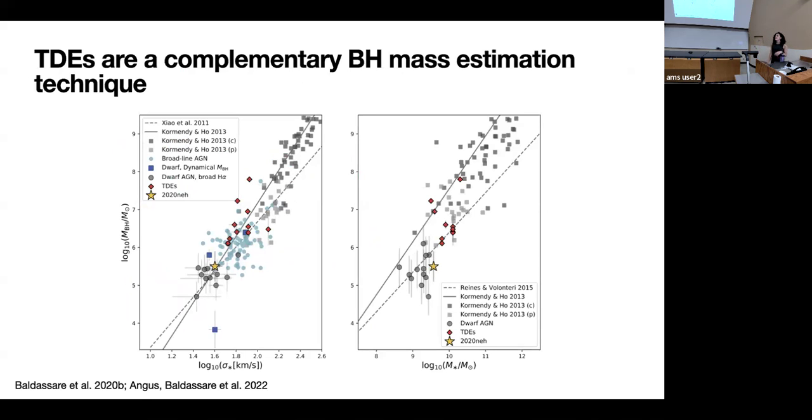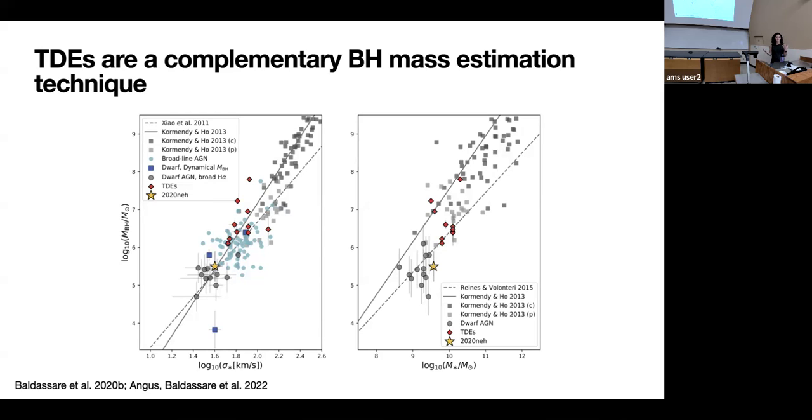So based on this light curve modeling, we're able to estimate the mass of this black hole and then look at how it compares to the galaxy properties. These are just plots that show the black hole mass versus the galaxy velocity dispersion, so the speeds of the stars in the galaxy, and then black hole mass versus galaxy mass.